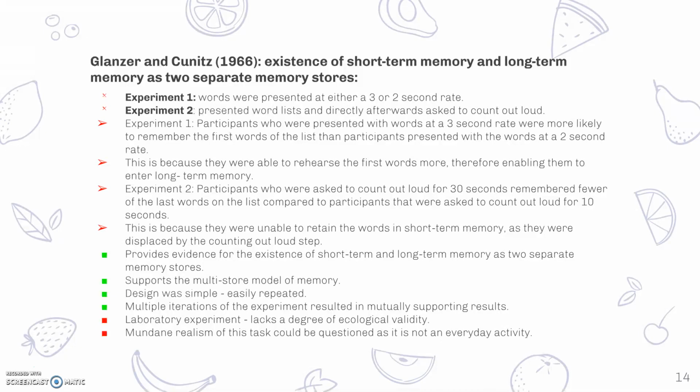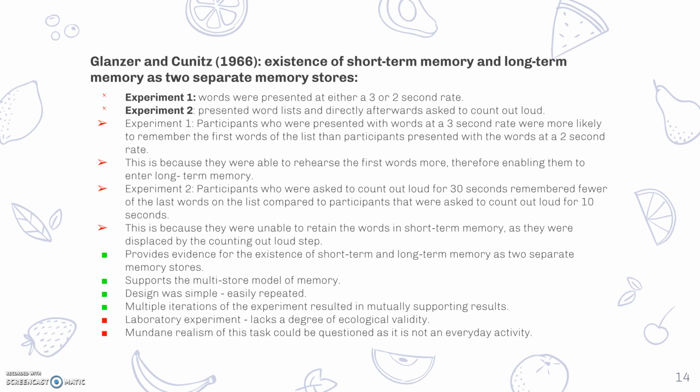And the participants who were presented with words at a 3-second rate were more likely to remember the first words of the list than participants presented with the words at a 2-second rate. And this is because, according to the researchers, they were able to rehearse the first words more, therefore enabling them to enter long-term memory.